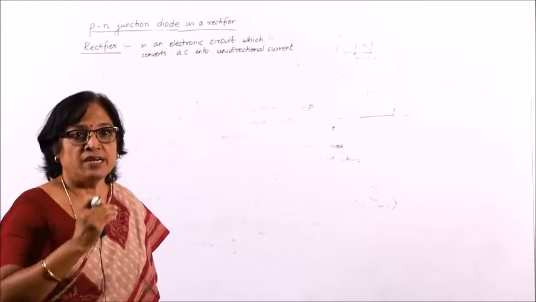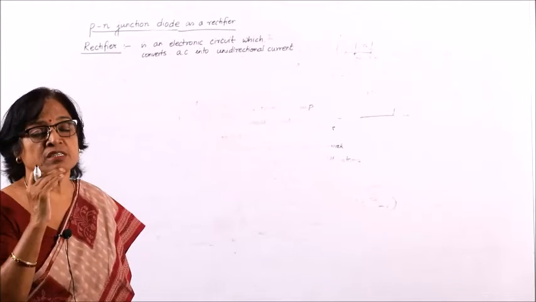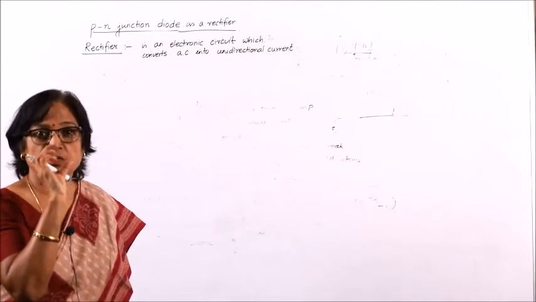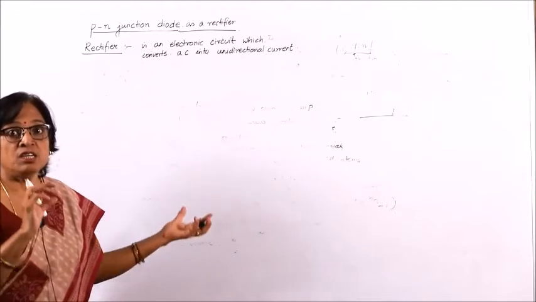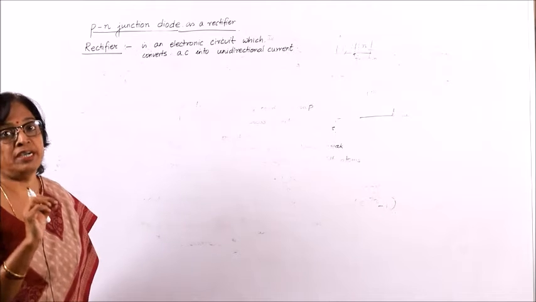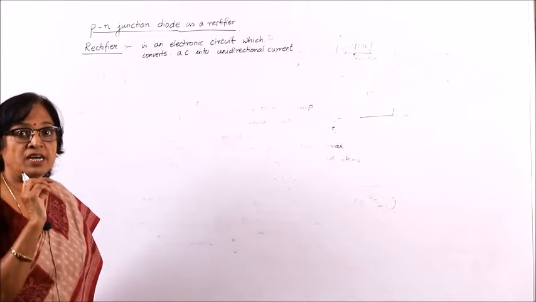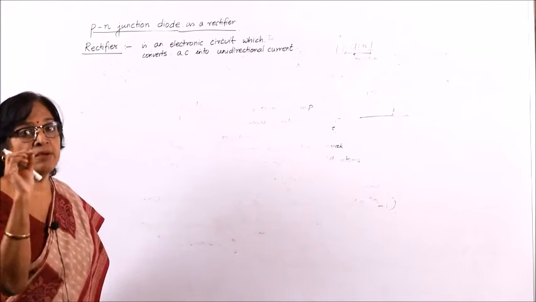In alternating current, the current reverses its direction after a certain equal interval of time. But in unidirectional current, this reversal of direction does not take place. That means current always flows in the same direction.